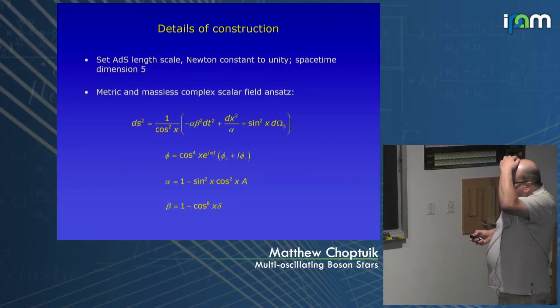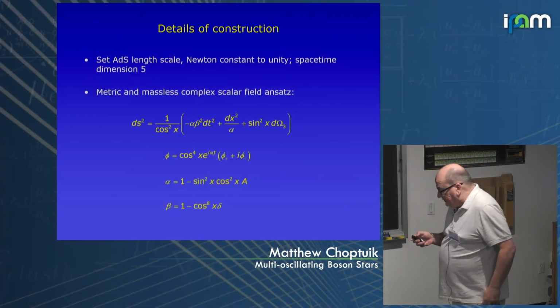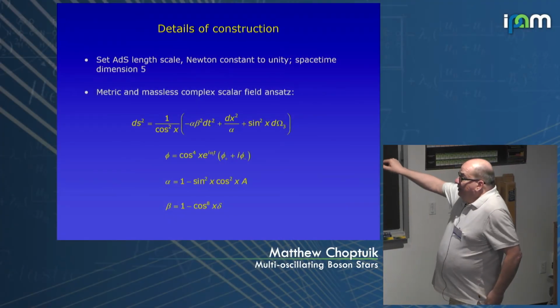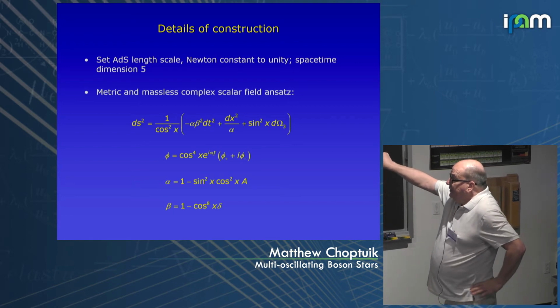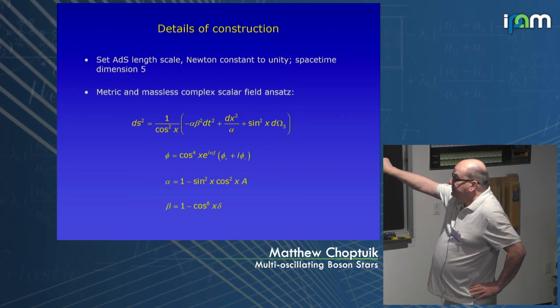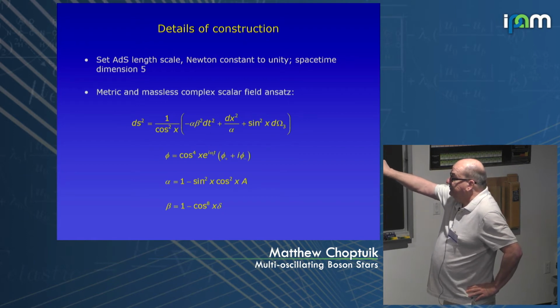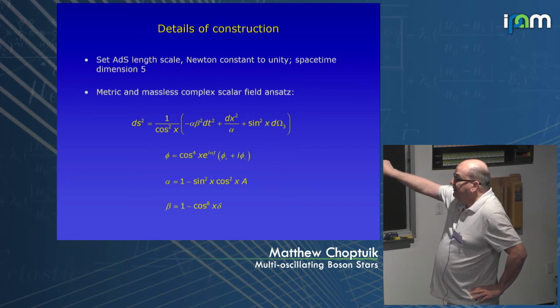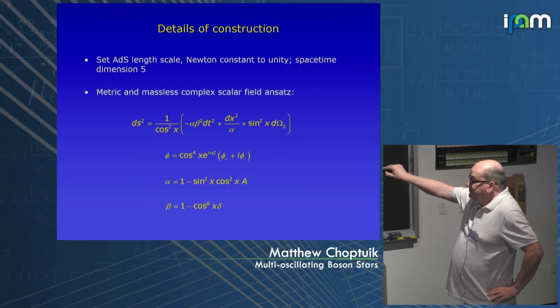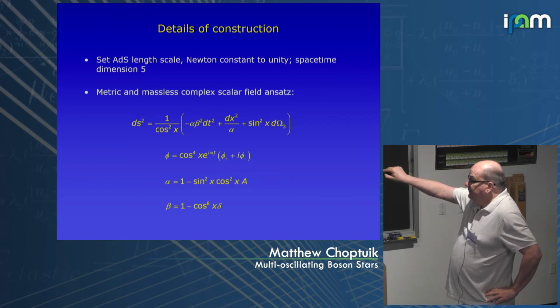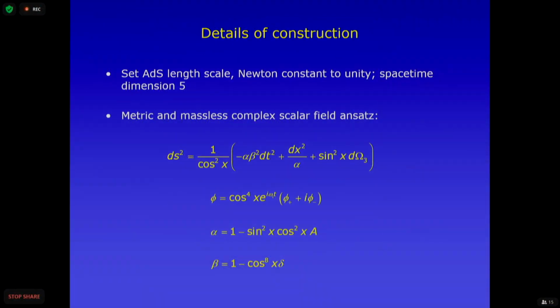Okay, so just a few details of the construction. We set the AdS length scale and Newton constant to unity in space-time dimension 5, just as there's no special reason for setting it to 5. The metric in the massless complex scalar field ansatz is given by this. This is the form for the metric.